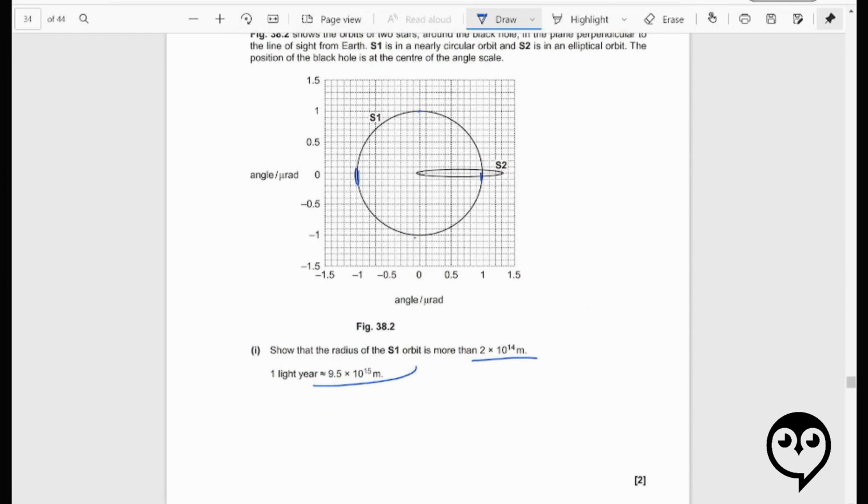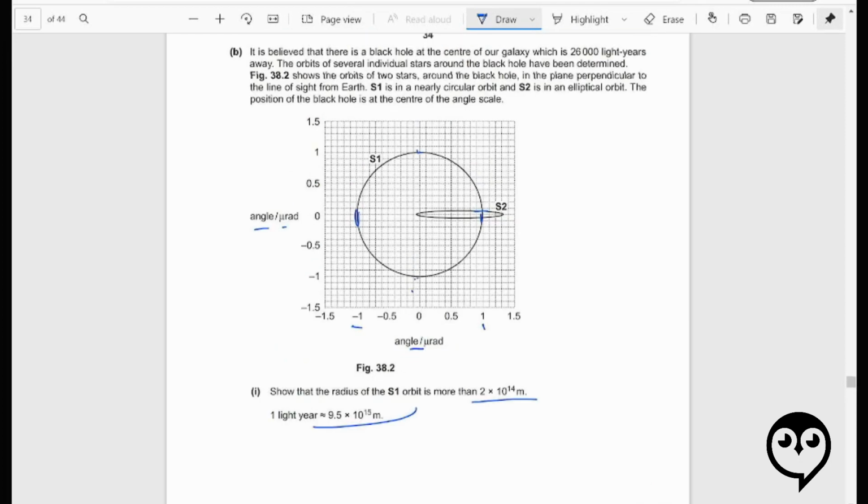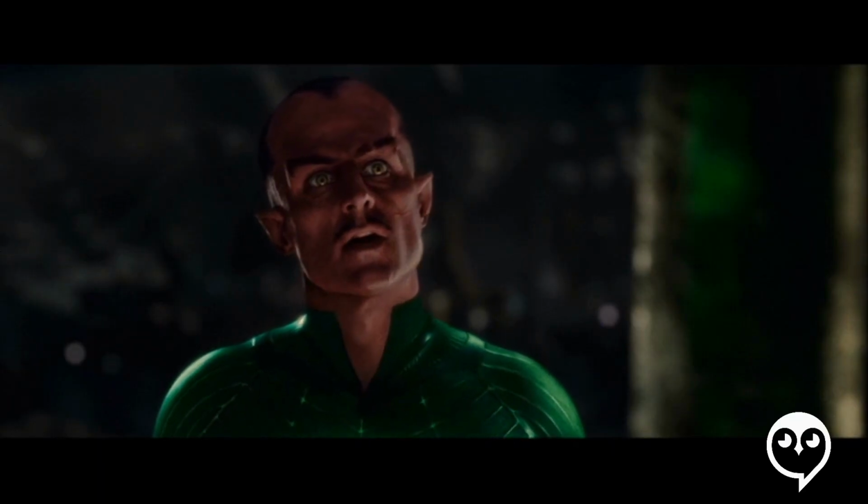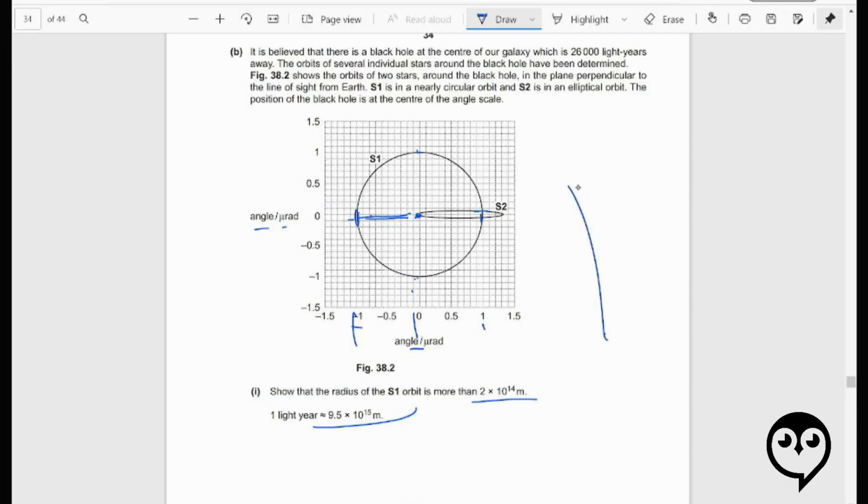Okay, and we see here the angle is in microrads. If I go from -1 to 1 there, this plane is perpendicular to the line of sight, which means we are looking at it straight on. You could say there's a distance here. That's the angle. It's parallax.